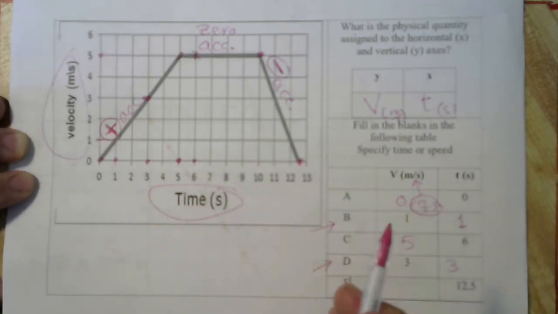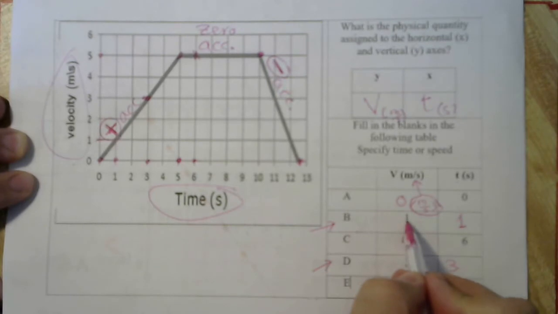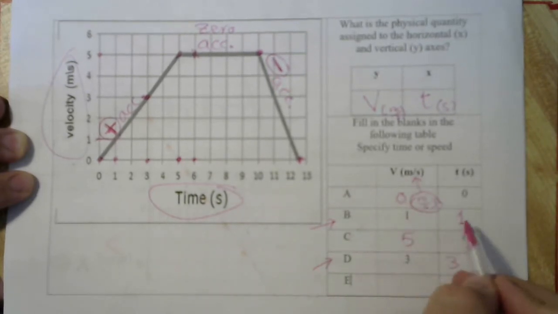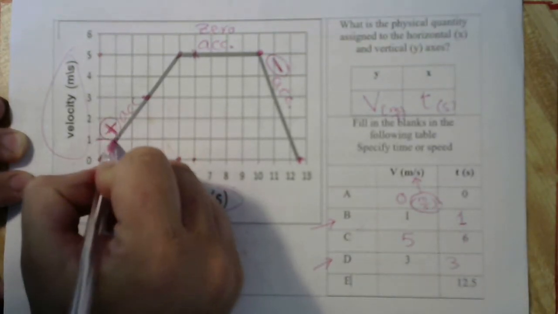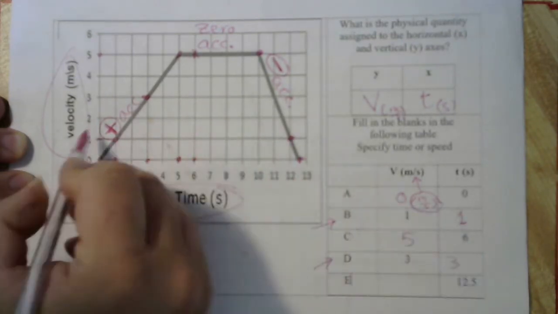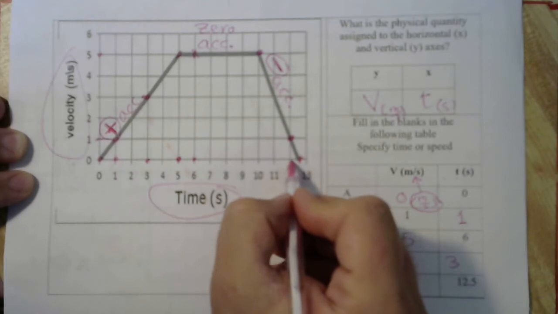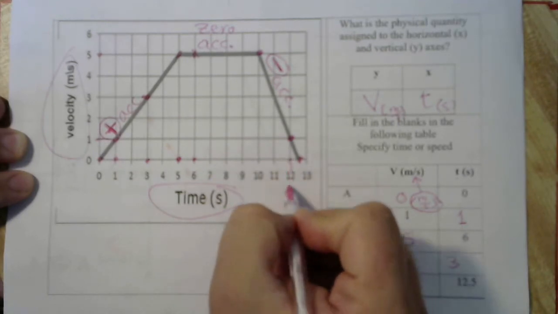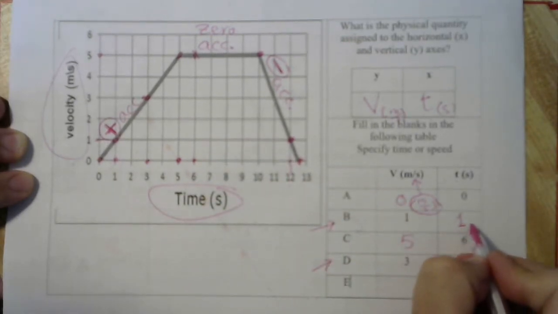a different thing. At velocity 1 meter per second, I find that the time is just 1 second, but I have another point where the velocity was 1 meter per second, which was at 12. So I have 2 times.